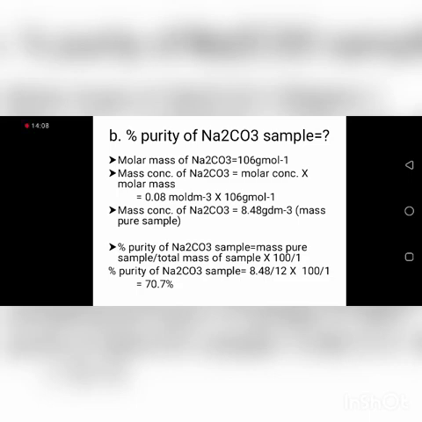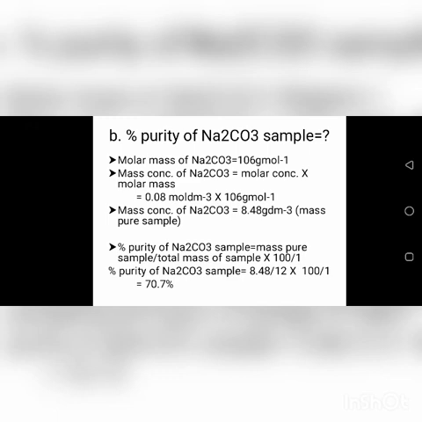So we now have to calculate percentage purity of sodium carbonate in the sample, which is equal to mass of pure sample divided by total mass of sample times 100 over 1. So the percentage purity will be equal to the mass of pure sample, the one we just calculated, 8.48, divided by total mass of sample that was given from the question, that is 12.